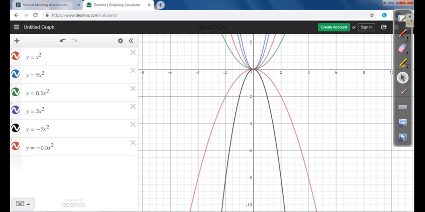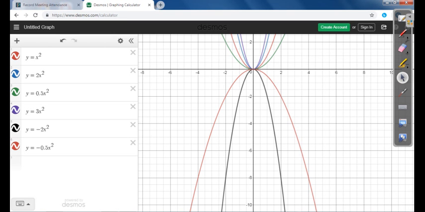So it's going to be flipped because it's negative, and it's going to be a vertical compression because it's wider. Okay? So vertical compression is less than 1? Yes. And vertical stretch is greater than 1? Correct. Okay, we're going to talk about this.